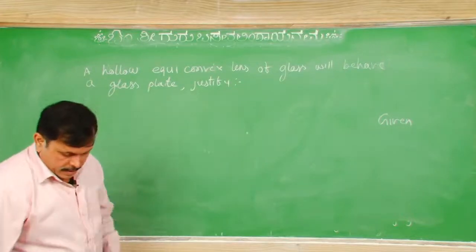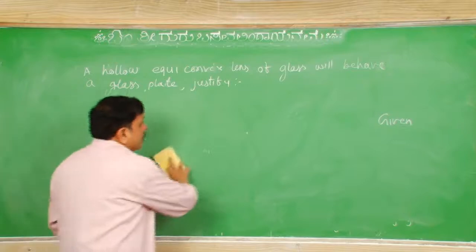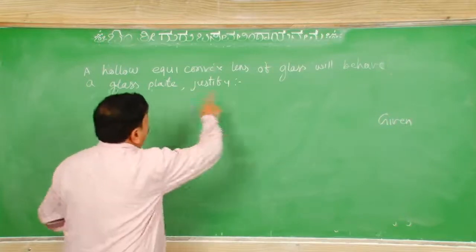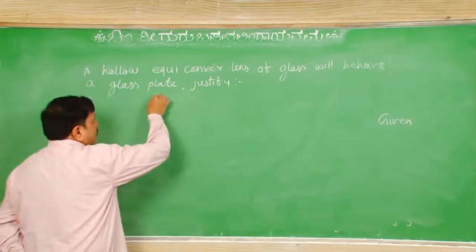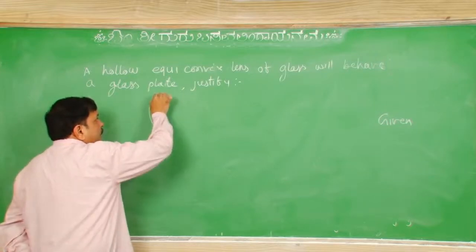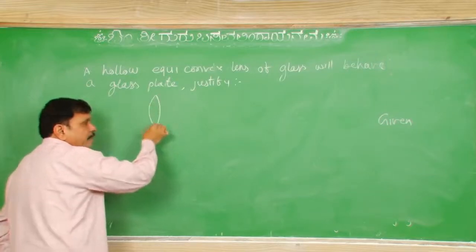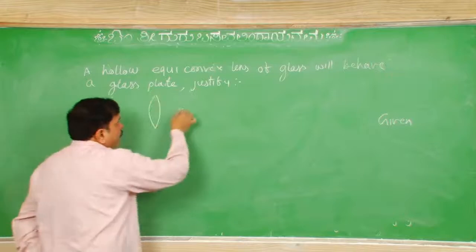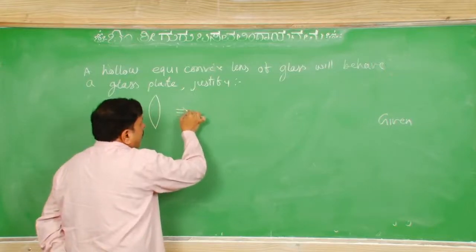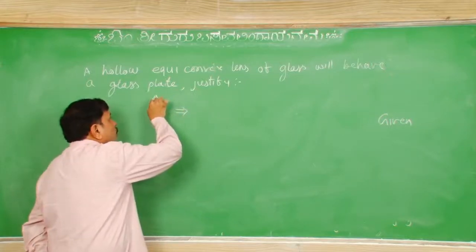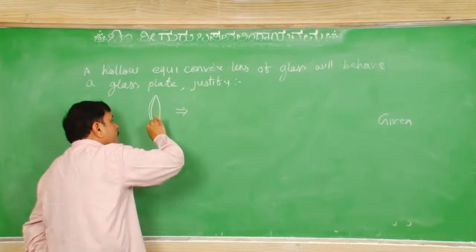Well, now we'll consider the hollow equiconvex lens. Suppose this is a hollow equiconvex lens. If we break it into two parts, what will we have here? It is hollow, so what should happen?